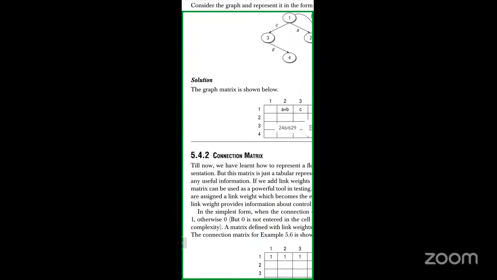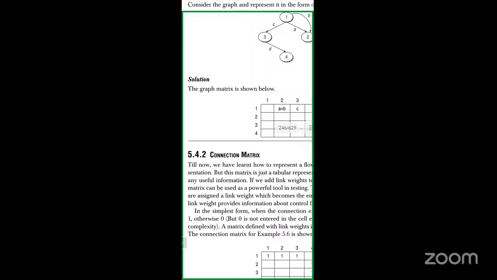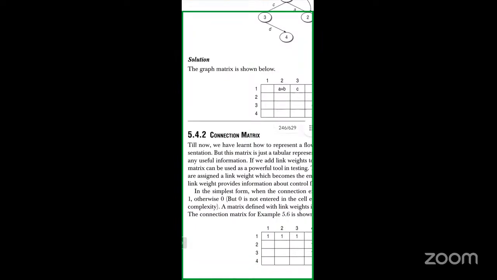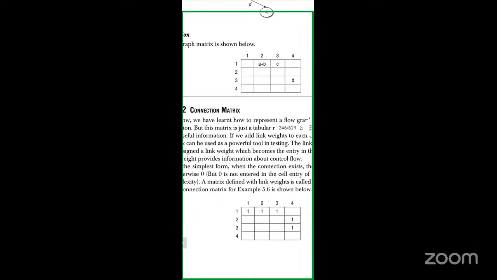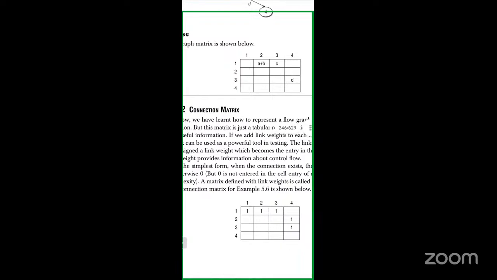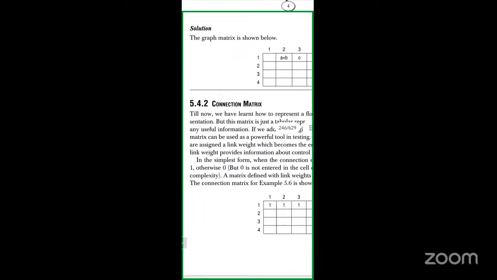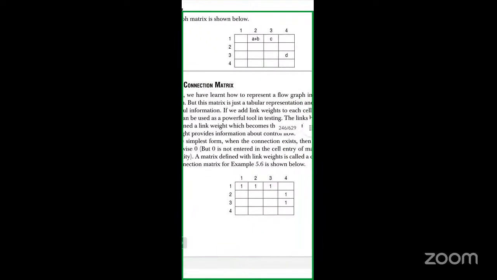So what we are doing is drawing the given graph into the format of a matrix. Instead of matrix representation, we are giving it in tabular format. Whatever the number of nodes, that is the matrix size we give.